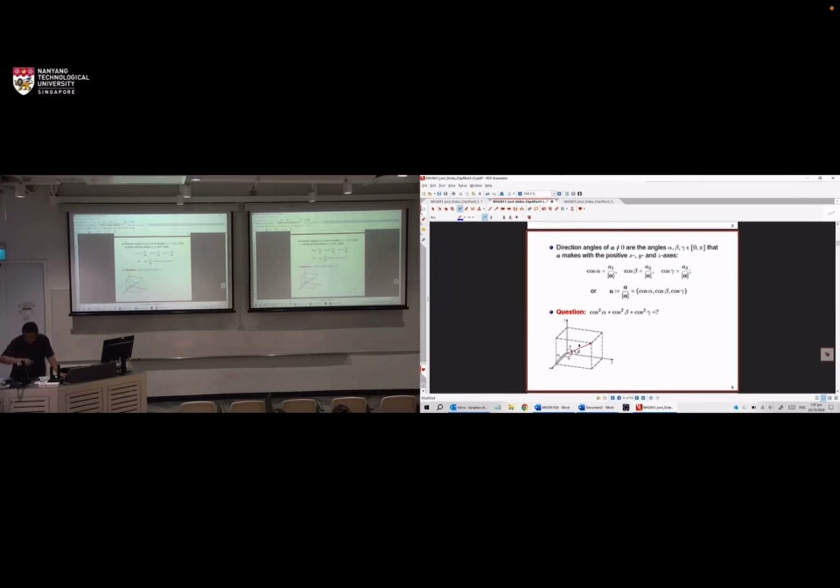Your unit vector can also be defined using the angles it makes with the different axes. These involve angles and trigonometry, and are usually for computer graphics, for people doing graphics and things like that.